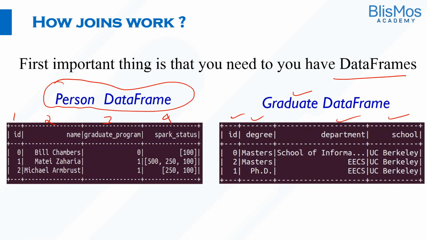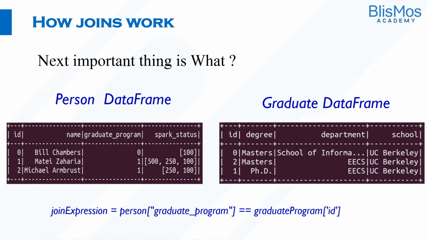Now that we have data frames, what should be done next? What is the next important thing we need to have? You need to have a join expression. But what is a join expression, by the way? A join expression is the expression where you want to compare one column of one particular data frame with another column of another data frame.